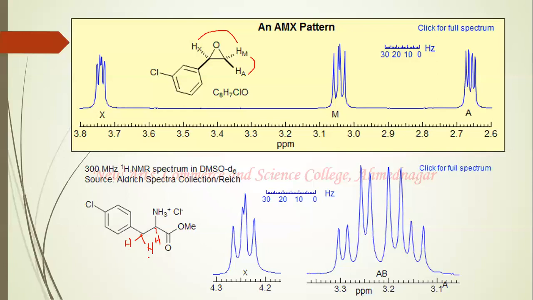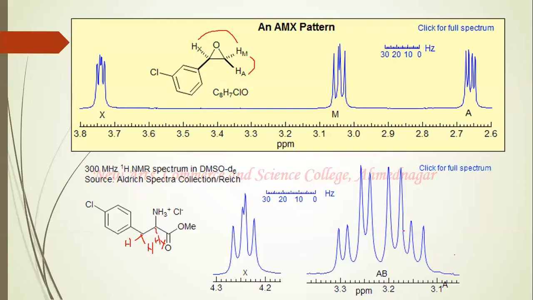So we can name them A and B protons, while this third proton, which is attached to a positively charged nitrogen containing group, will be comparatively deshielded. So we call this proton an X proton. We know that AB protons have a very small difference in their chemical shift values, so the signals are very close to each other and we get an AB quartet.